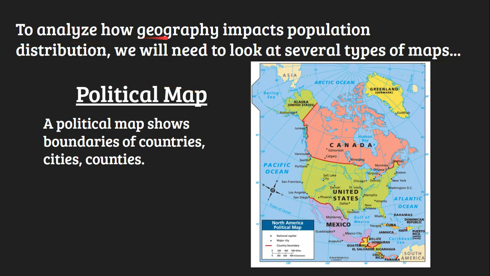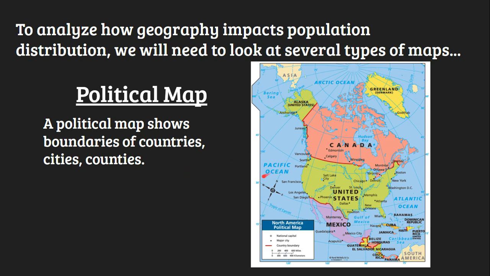To analyze how geography impacts population distribution, we will need to look at several types of maps. One of the maps you will look at is a political map. A political map shows boundaries or borders between countries, cities, counties, states, and provinces.